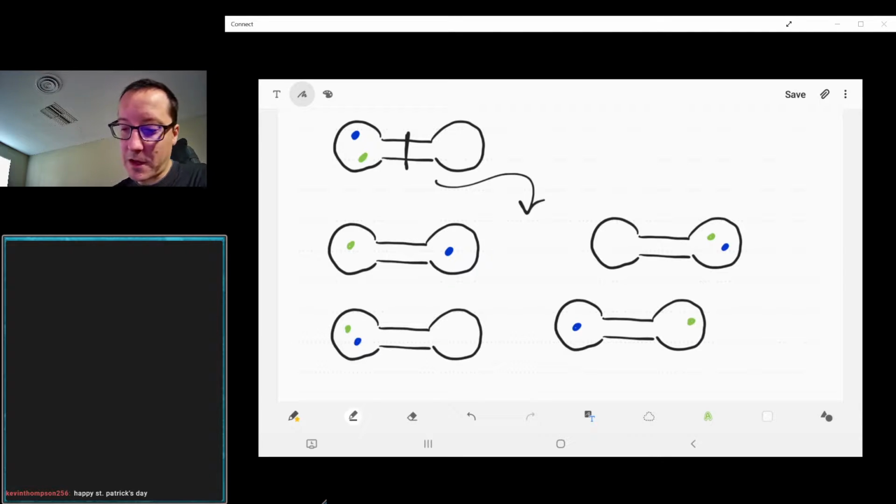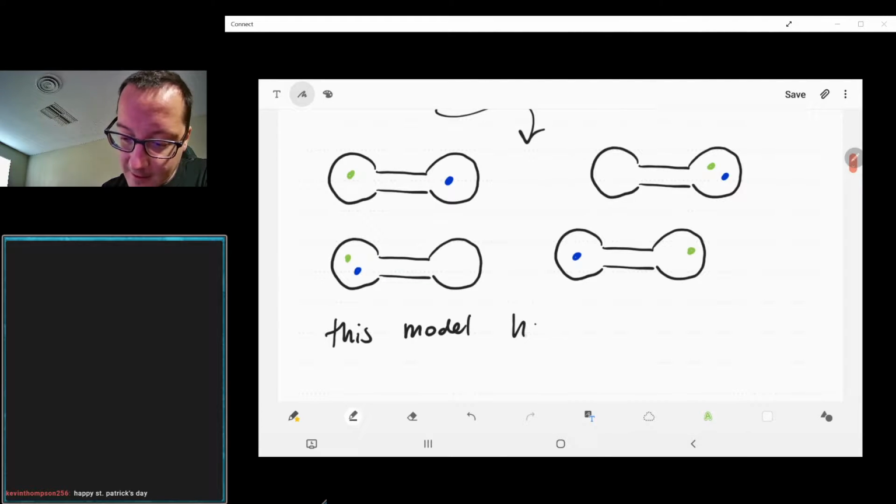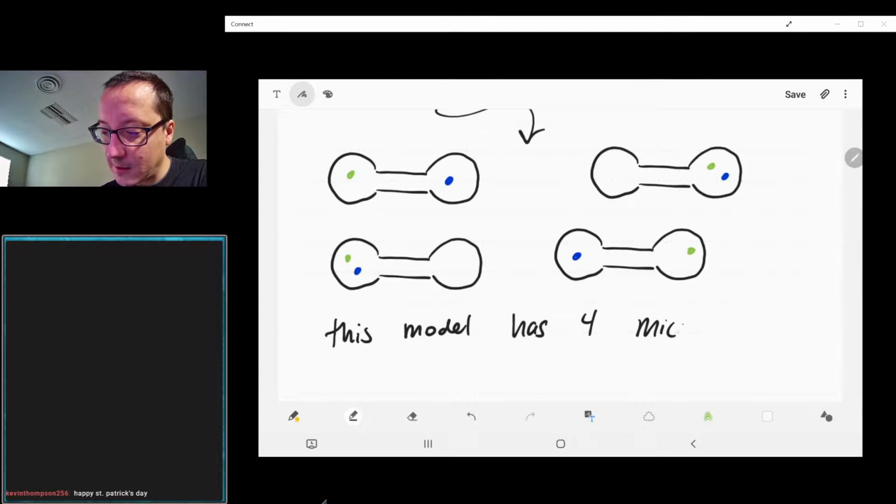So with that in mind, we can see that this model has four what we call microstates. So again, we're looking at a very simple case where we have two molecules.